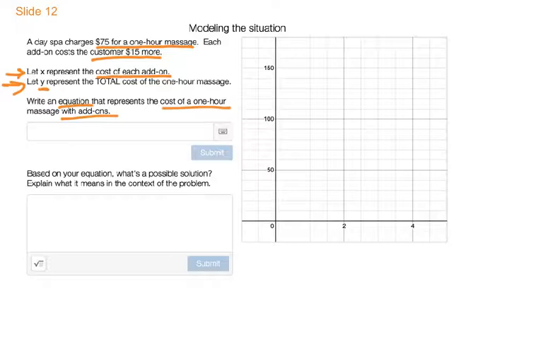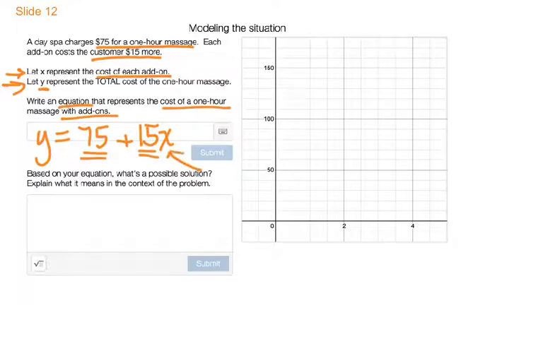So the cost is Y, and that's going to be $75 plus 15X. So think about that: 75 plus 15X. 75 is the cost of my massage. $15 is each add-on.